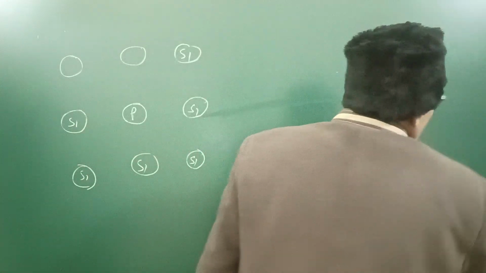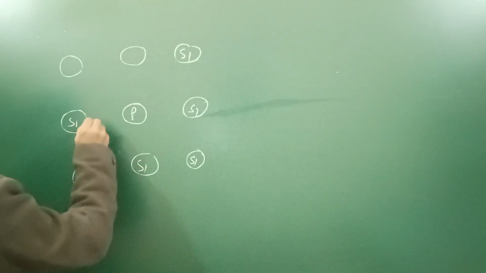Pentavalent atoms are those which have 5 valence electrons, or 15th group elements. Though it is simple to learn 15th group, we must take care it should be pentavalent.